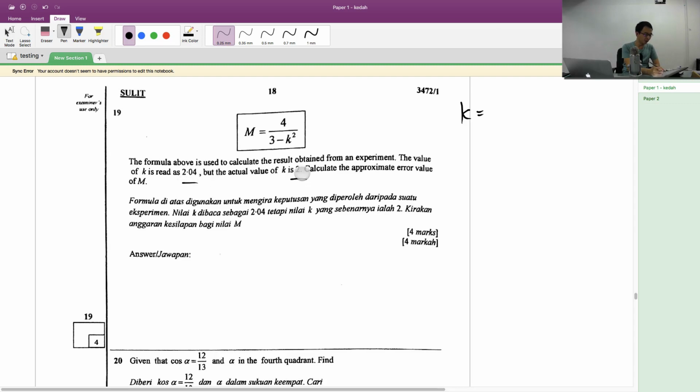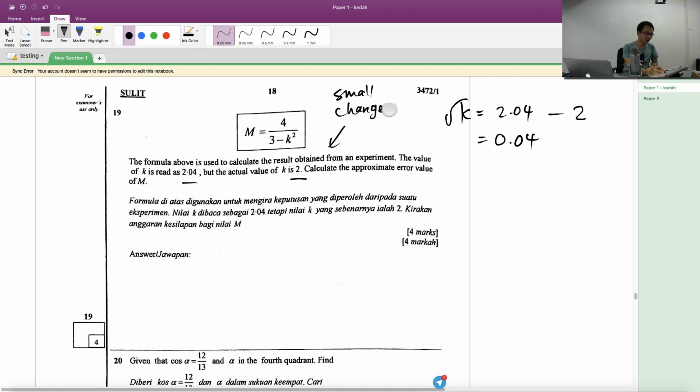If we change from 2 to 2.04, the 0.04 is sort of the error. So I want to find the change of k. I use the new value of k, 2.04, minus the actual value of k, 2, so I get 0.04. Since I use change of k, you know this is the small change topic.